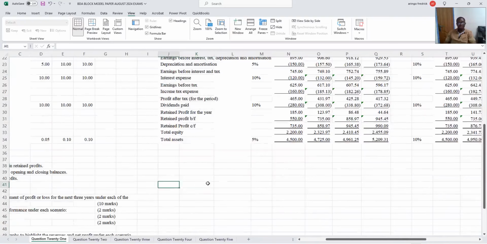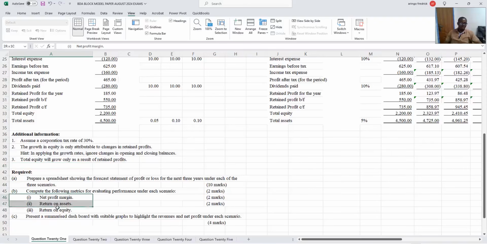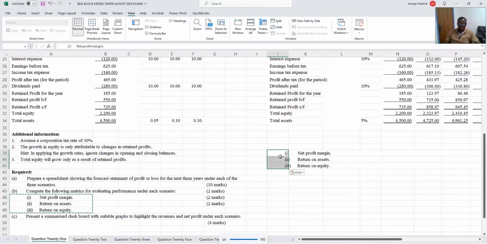Part 2 of the question, what were we asked? We were asked to compute the following metrics for evaluating our performance under each scenario: net profit margin, return on assets, return on equity.